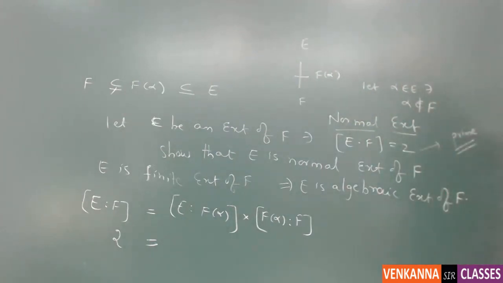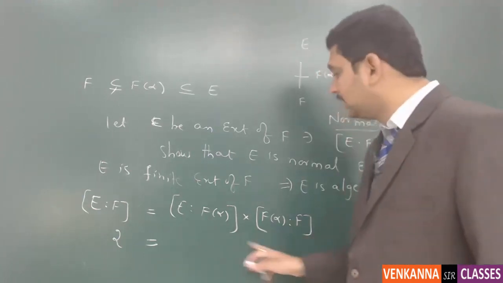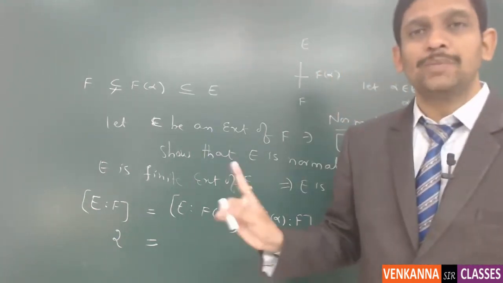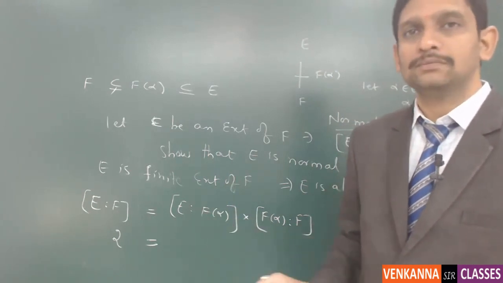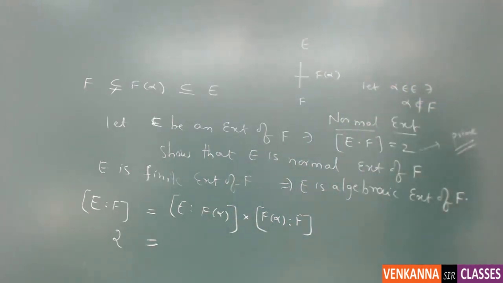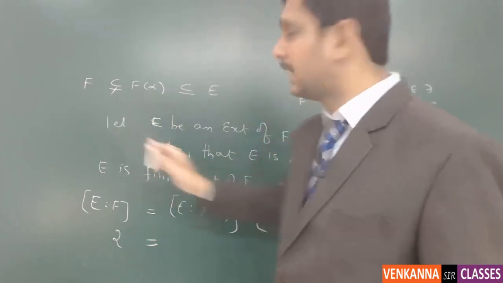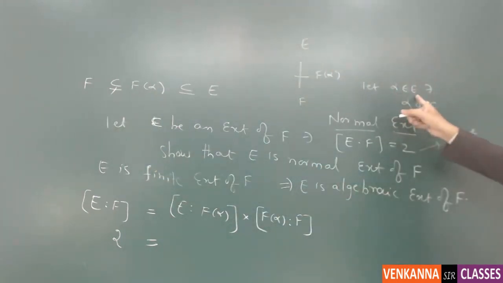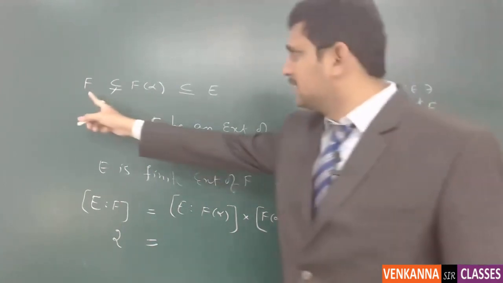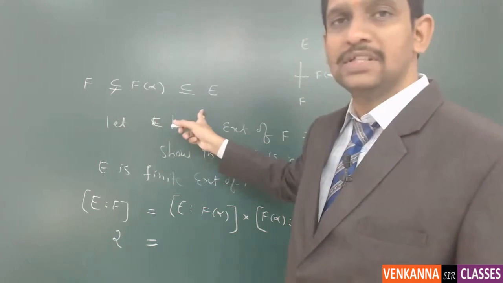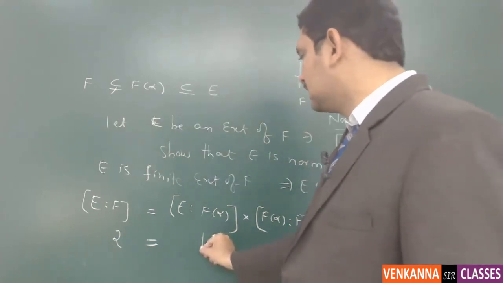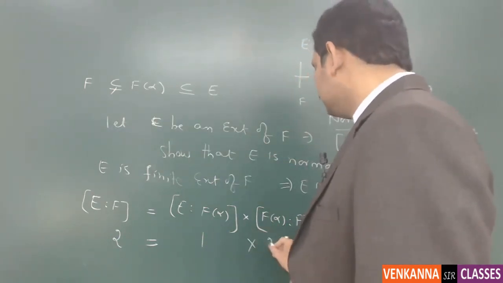Since 2 is a prime number, the only possibility is that one value should be 1 and the other one will be 2. So we can say one thing: F is a proper subset of F(alpha), as in the hierarchy you have taken, because alpha belongs to E, taken such that alpha does not belong to F. So this is a proper subset of this, and this is a subset of this. Hence we can say that this will be 1 and this will be 2.